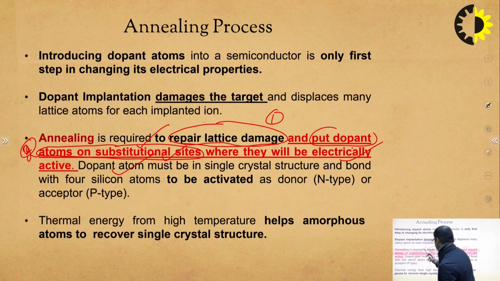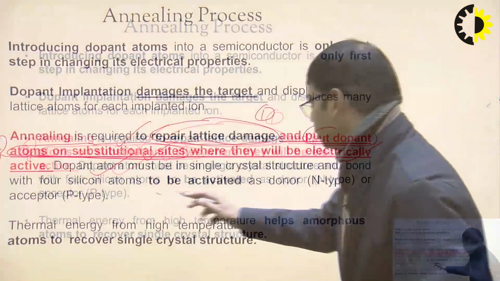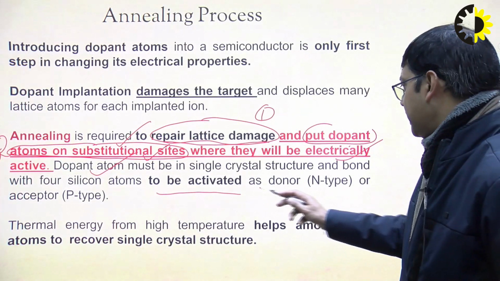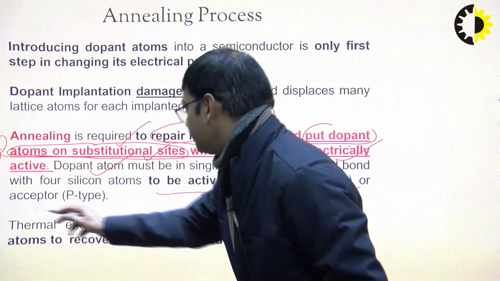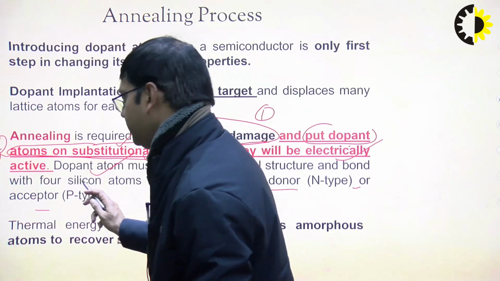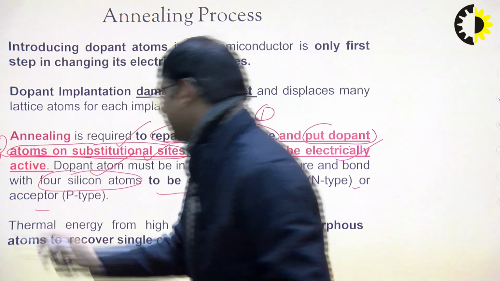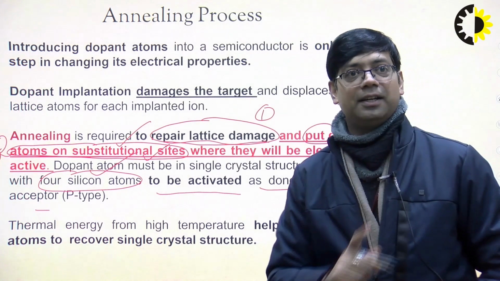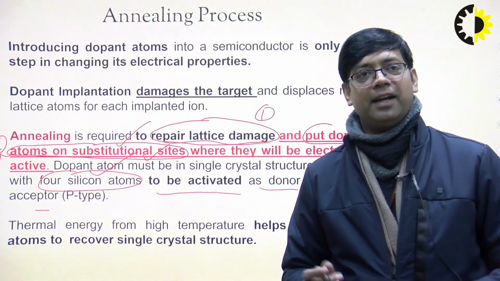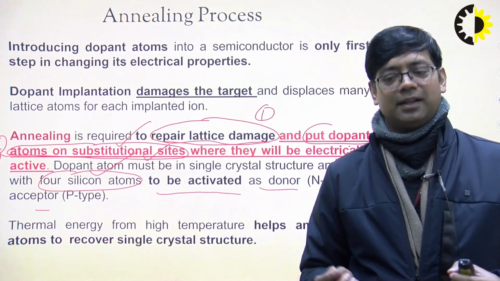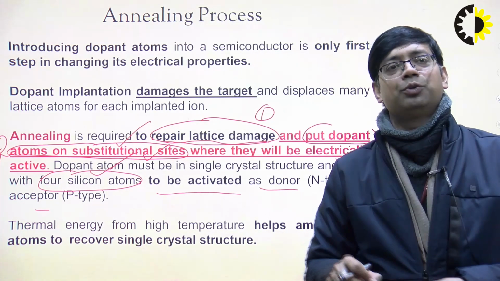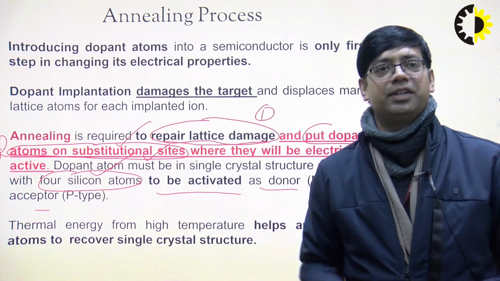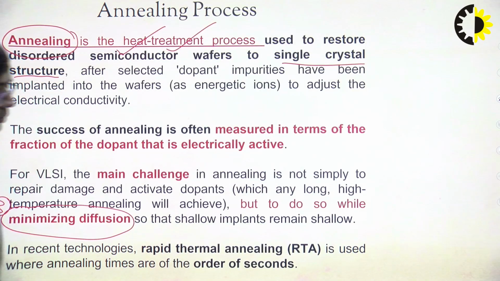The dopant atom, in case of silicon structure, to be activated as donor or acceptor, must be bonded with 4 silicon atoms. Okay, and that will happen only when the dopant atom is at the substitutional site, not at the interstitial site.